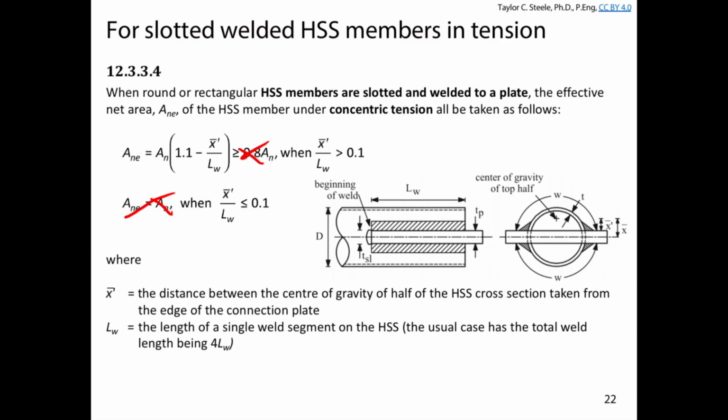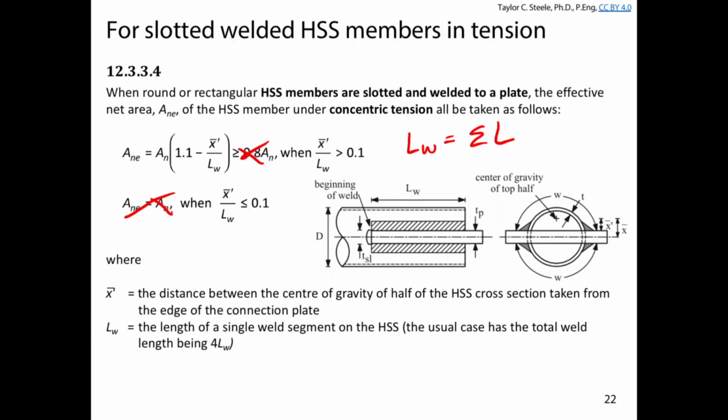Now, don't get confused by this, please. I do not like the way that this is written because it starts to include LW, which we've not been using before. We've been talking about L. We've been talking about LW to basically mean the sum of the individual lengths of the weld segments. And based on the picture in the commentary for this, it's the same thing that they're talking about.